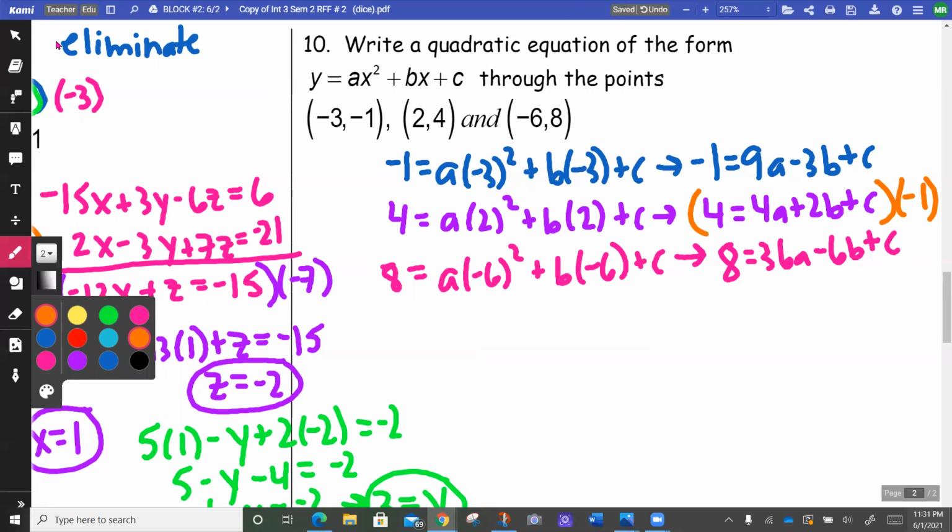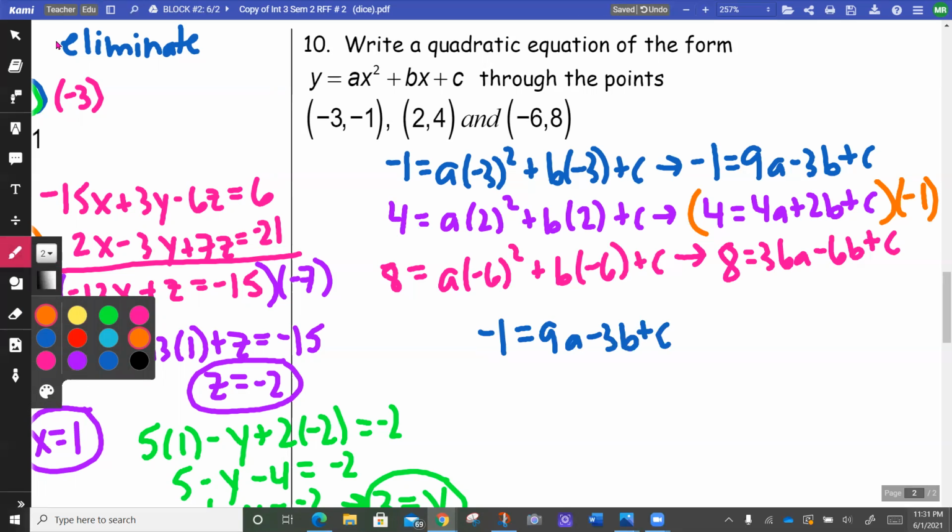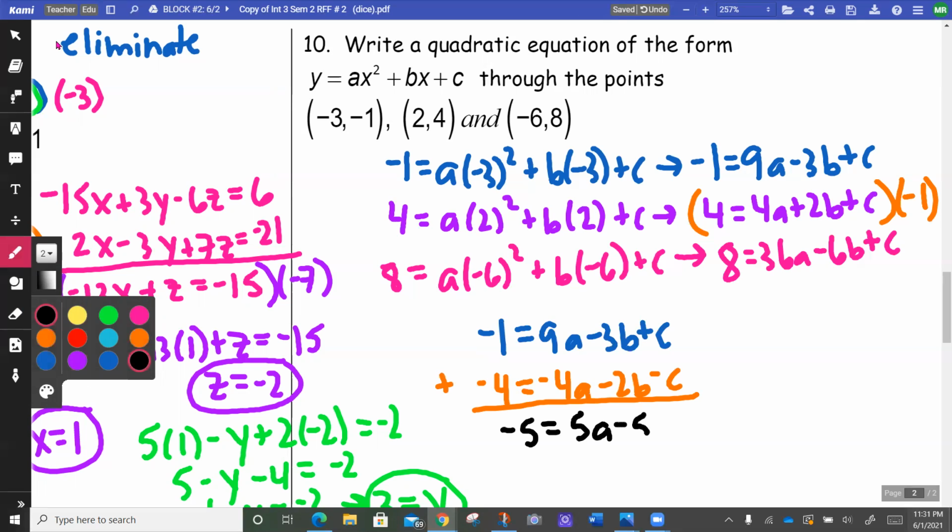So I'm going to take my blue equation, -1 equals 9a minus 3b plus c, and add it to the one I'm timesing by -1. So it's going to be -4 equals -4a minus 2b minus c. I add that together and I get a -5 is equal to 5a minus 5b.